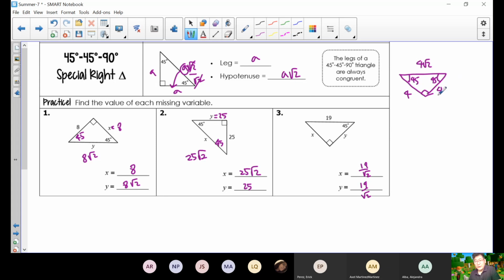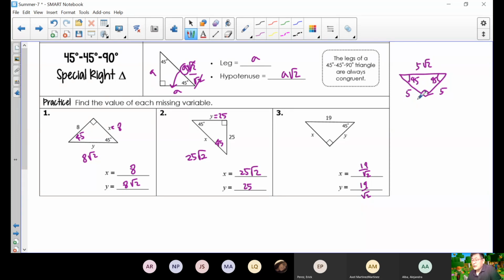That means 4 and 4. If I change this number, if it's 10, this line is 10 root 2. How to get this one? Divide by root 2, which is 10 and 10. What if I have a 5 here? Then this is a 5, right? And this is also 5 root 2.